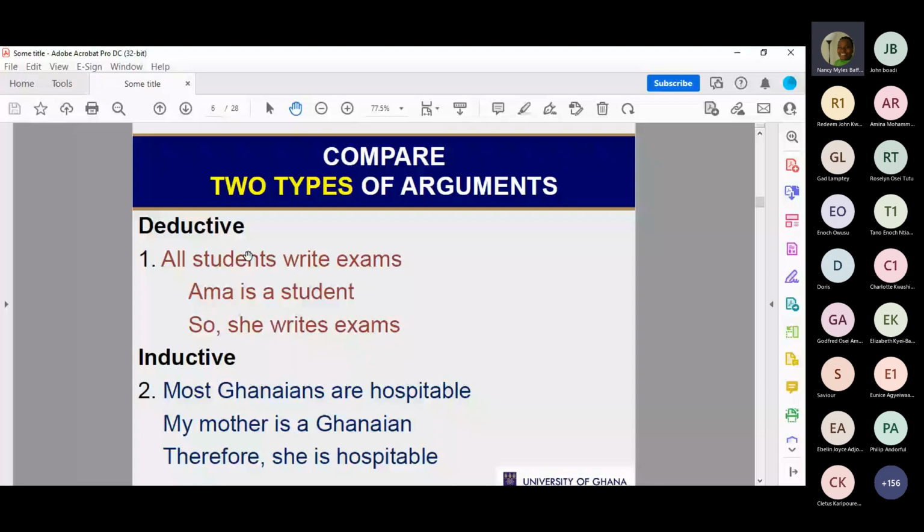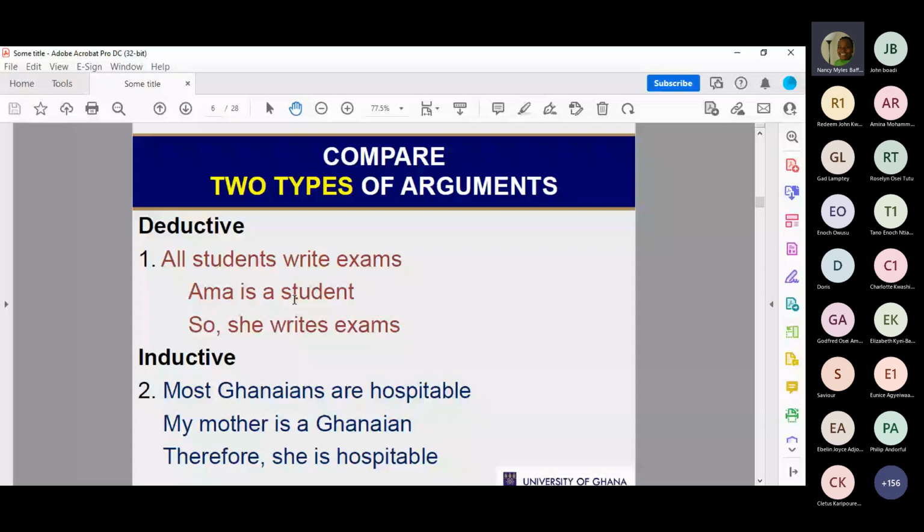After we had our universal statement, all students write exams, the next premise said, Amma is a student. It is this second premise that names the deductive pattern.